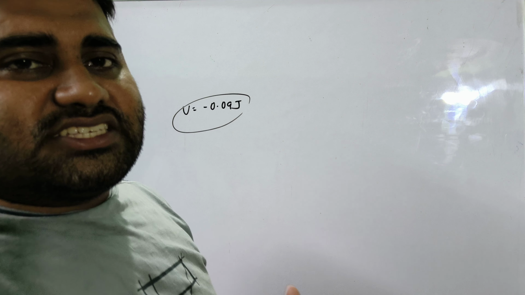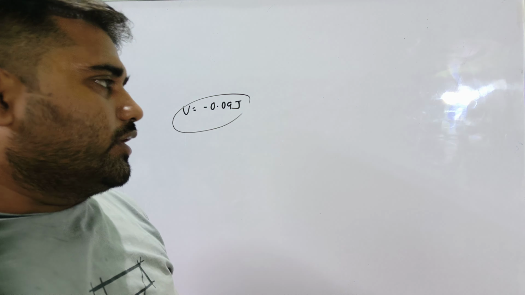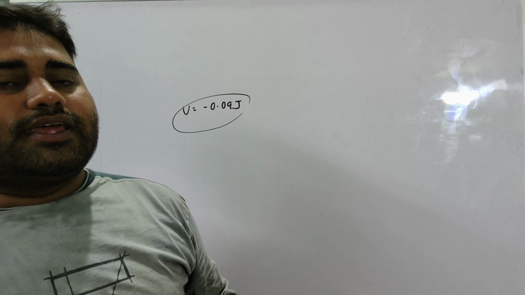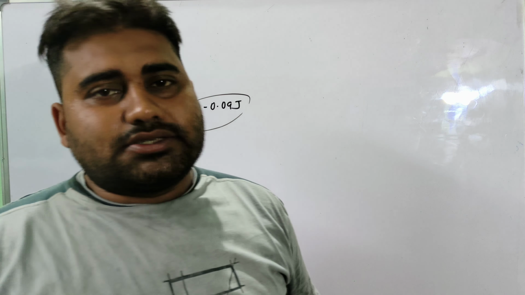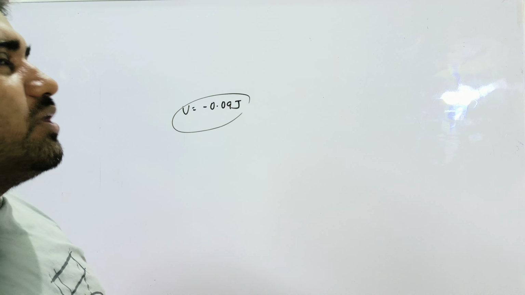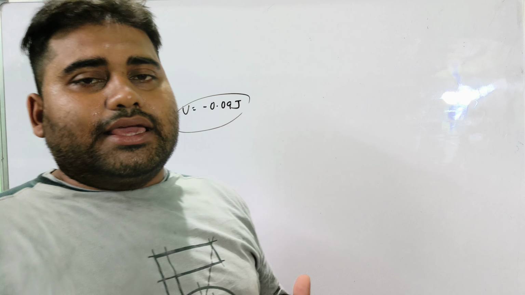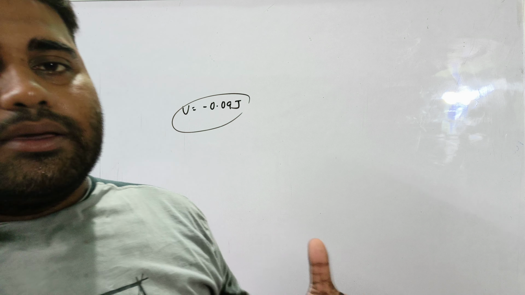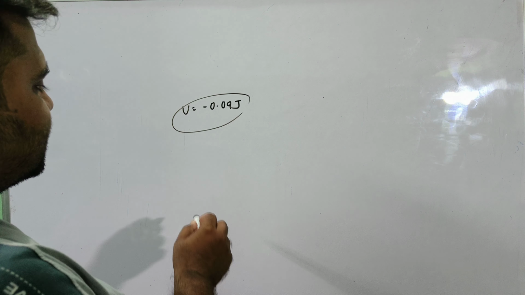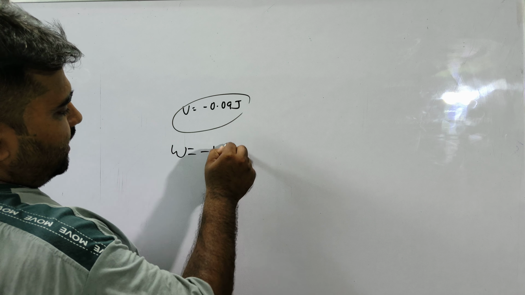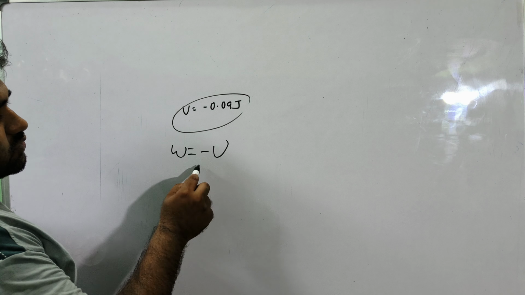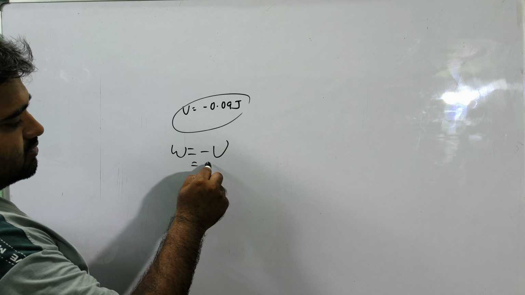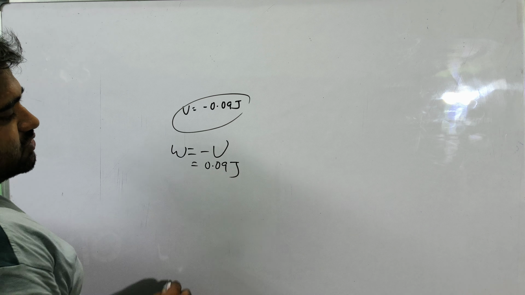Now let us imagine that you are going to separate them. You are going to send the positive charge to infinity and the negative charge to infinity. That means there is now infinite distance between them. So how much work is needed to separate them and send them out to infinity? It is minus U. So minus of minus, it is 0.09 joule.